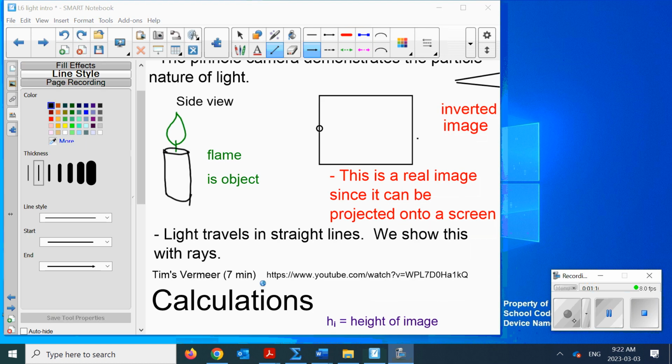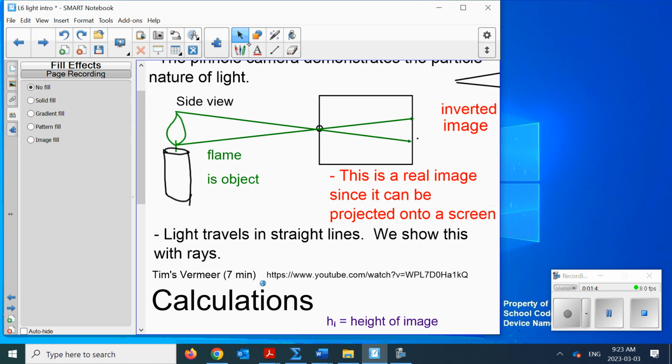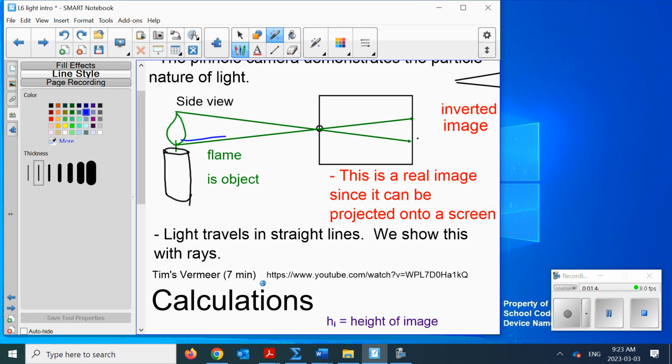The only way light can pass through this pinhole is: light from the top has to pass through the pinhole, right? Light from the bottom of the flame passes through the pinhole. Does this make sense? It's the only way. Light from the middle too, but it gets messy if I draw light from everywhere going through the pinhole.